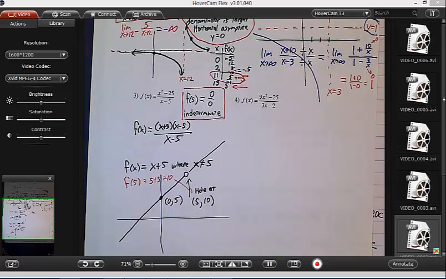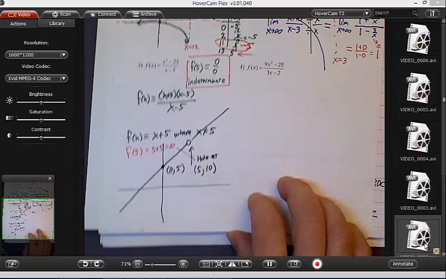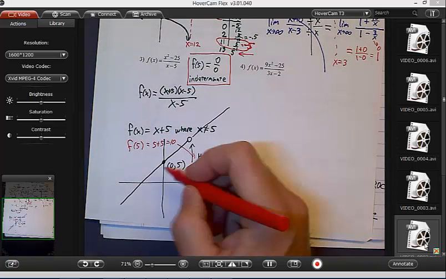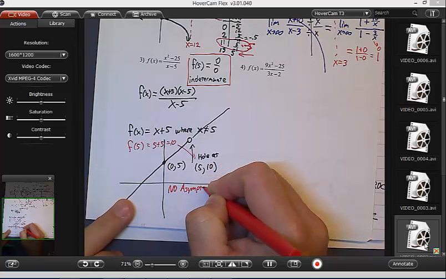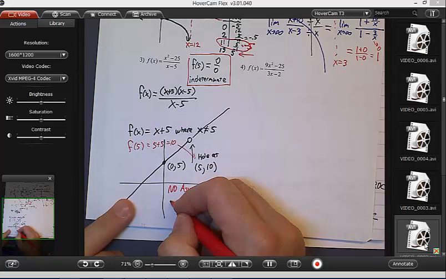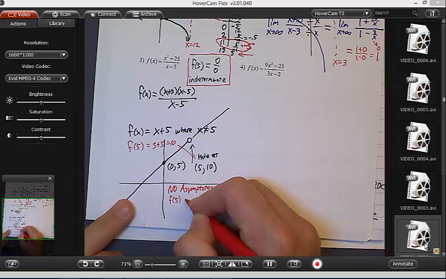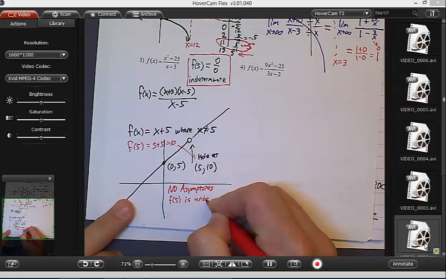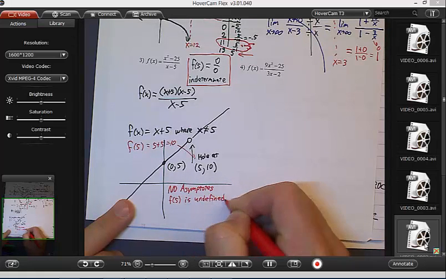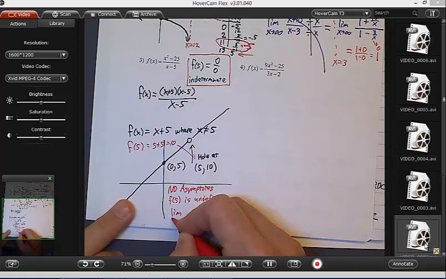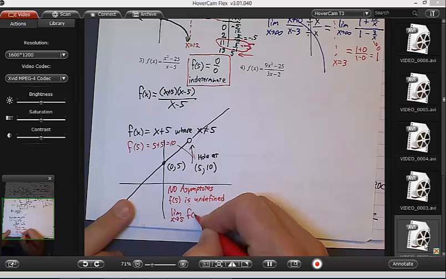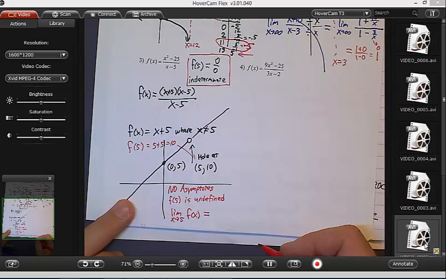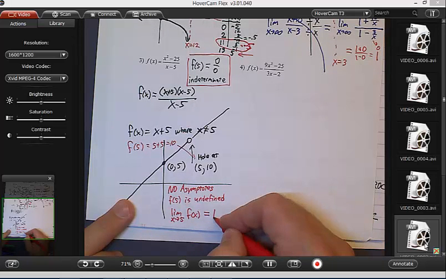Okay? So I would say a couple things about this problem. I would say there are no asymptotes. I would say that f of 5 is undefined. But I would say the limit as x approaches 5 of f of x equals what? 10.